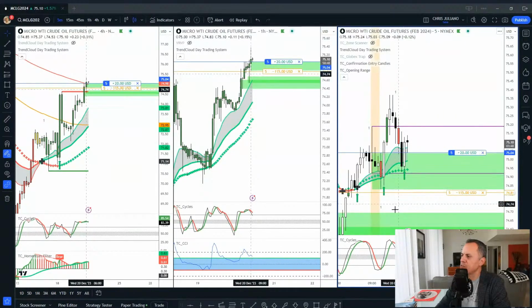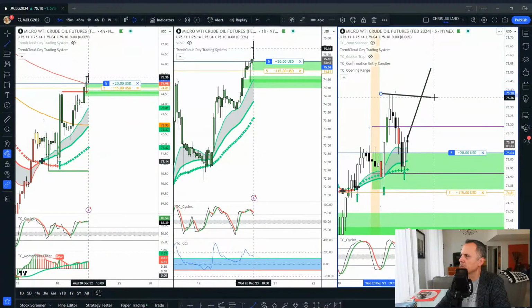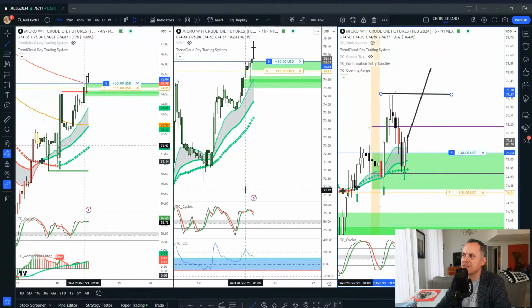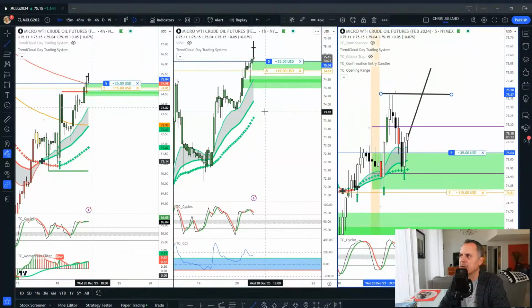So we really need to see this break of structure to stay in this trade overnight. And remember, around 11 a.m., if we don't achieve this by 11 a.m., then I'll probably close out and just take the money and run. Always lock in those targets, right?